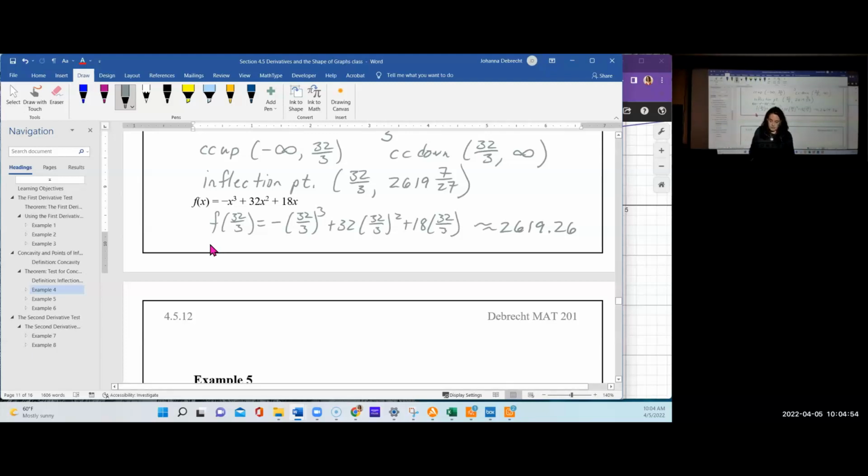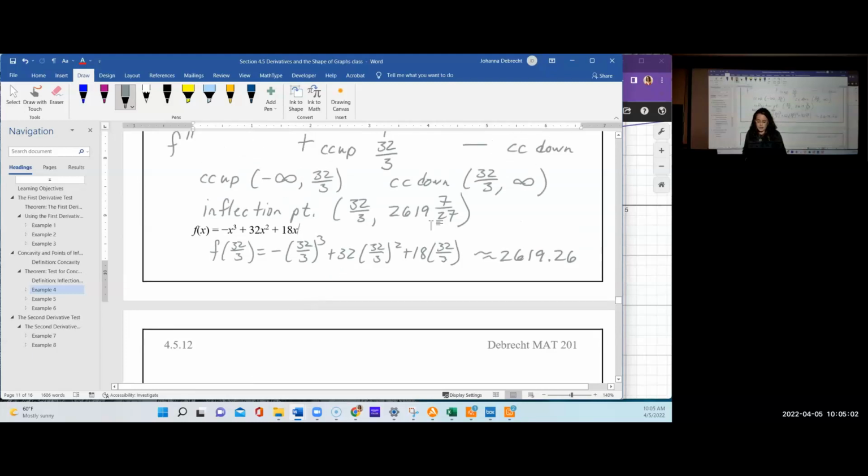Now, this is a good example of why we do this work analytically, meaning by hand. What are the chances that I would know that I needed to extend the axis in the y up to at least 2,619? None. I probably wouldn't normally go that high, but this tells me where it is, so I know that I've got to look there.